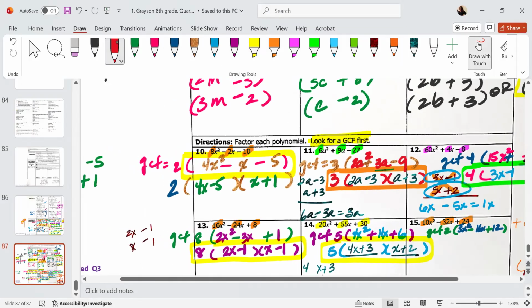Now, this is when the Asian method is a little bit easier. So I have a 5, so I have 5 and an x, right? 12. So I could do a 6 and a 2. That's 10. This will actually work. 5x plus 6, x plus 2. If you FOIL it, it'll give you a 10x plus 6x, which is a 16x. 5 times x is 5x squared. 6 times 2 is 12. And that's everything.